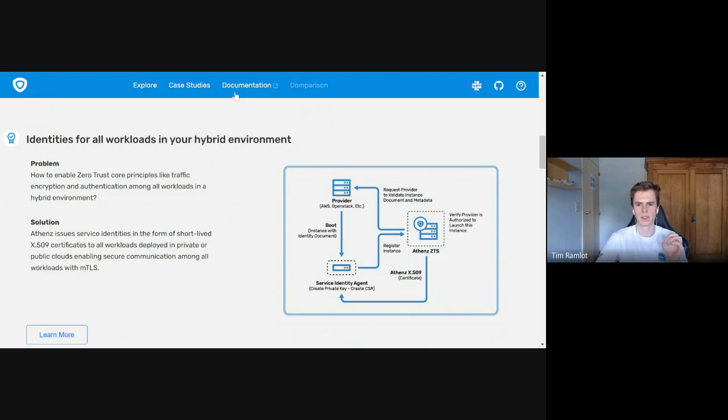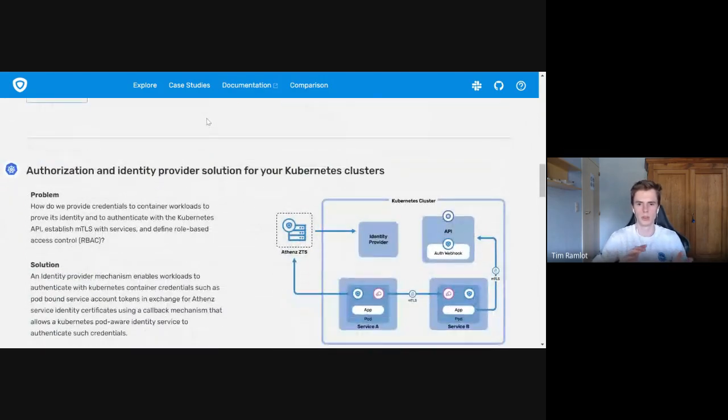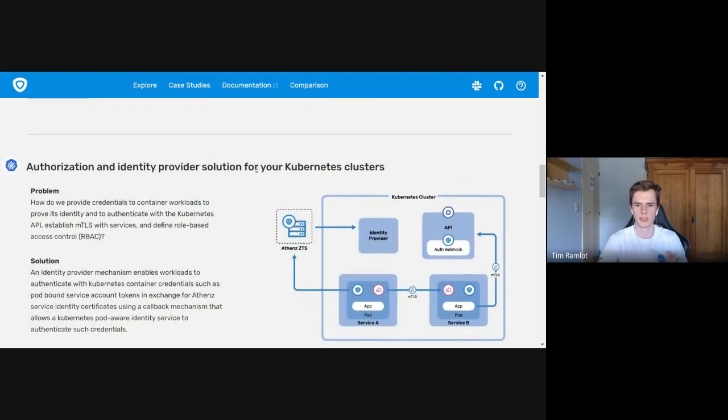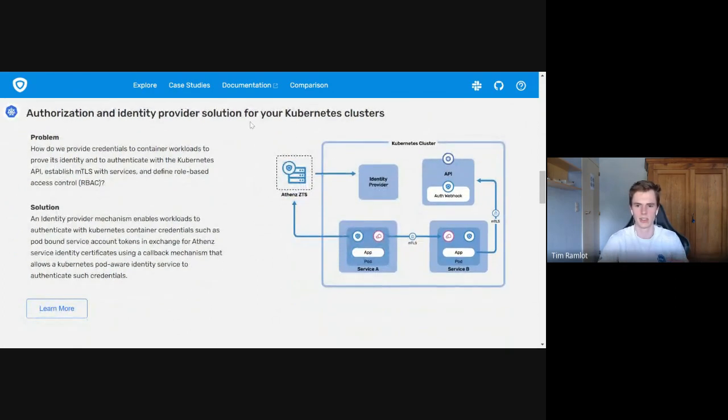I wonder still what you want to have specific in your CSI driver that's maybe not in the Spiffy CSI driver or in the normal CSI driver. Right.